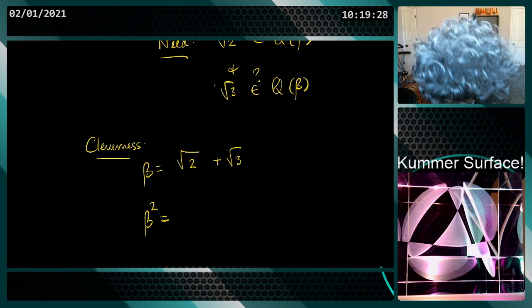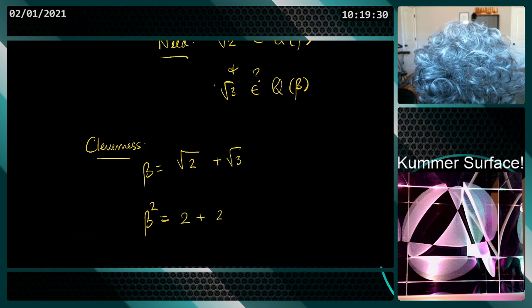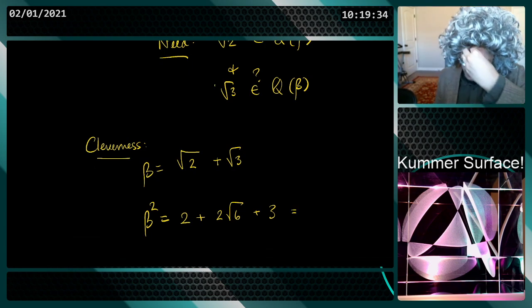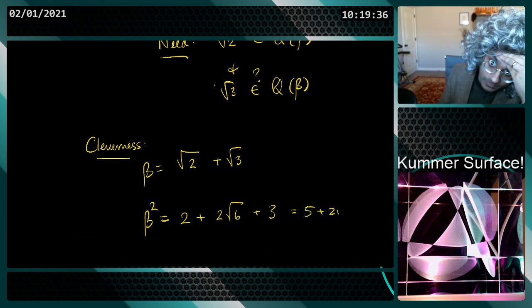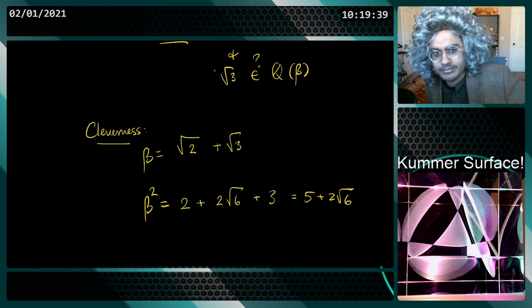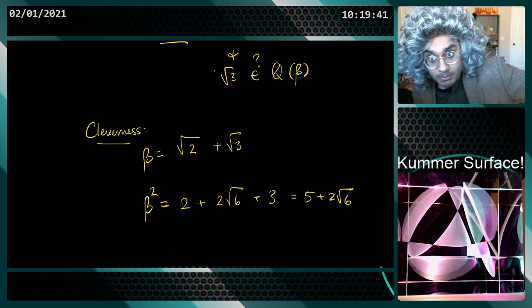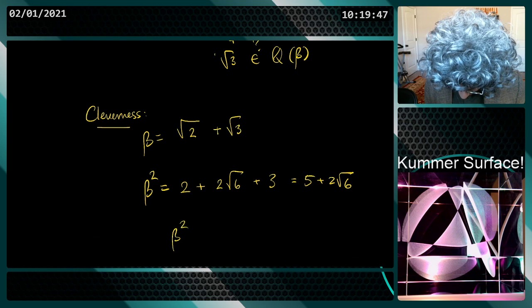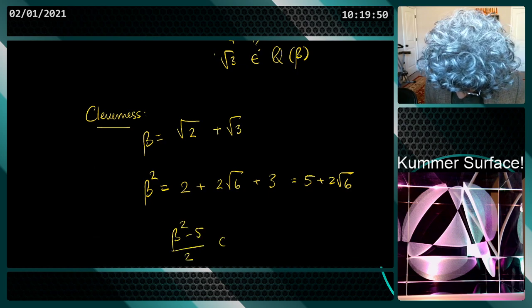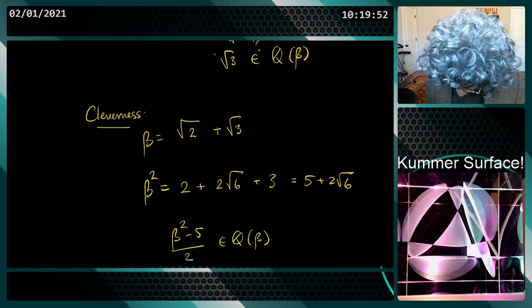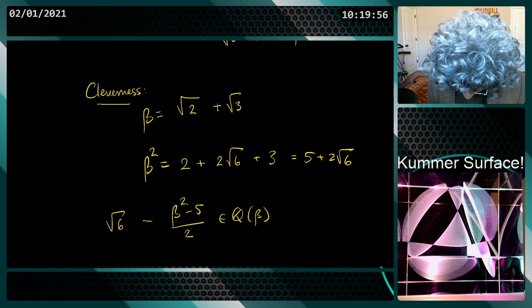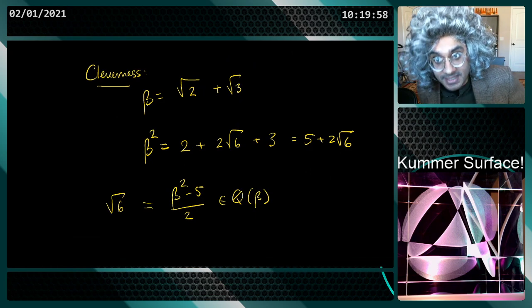Square beta. So, beta squared minus 5 all divided by 2, which is of course in Q adjoin beta, is just the square root of 6. Square root of 6 is in this field.